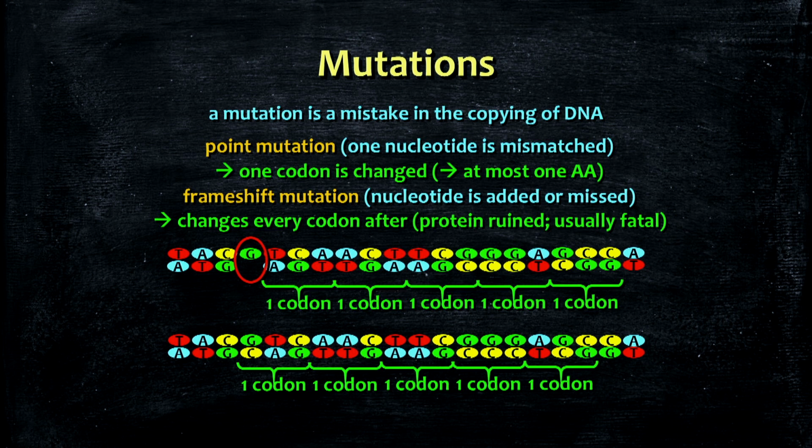And comparing it with the proper sequence, which is shown on the bottom of the screen, each codon is now different from then on. So this is why we call it a frameshift mutation.